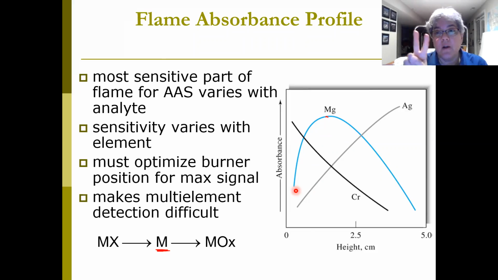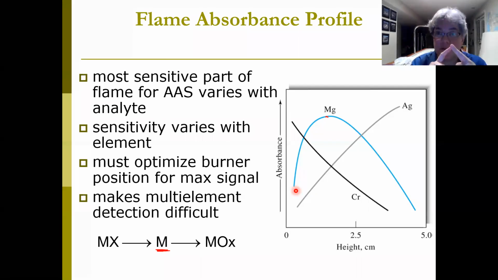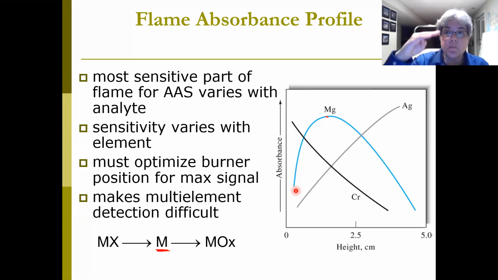And I said there are 2 reasons. What are they? First one, the source. Every element needs a different source. Second reason, burner position. The optimal burner position is different for every element. Okay, so that's the flame profile.